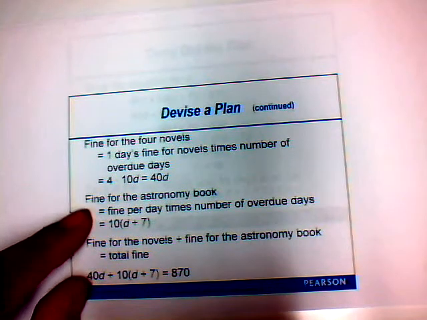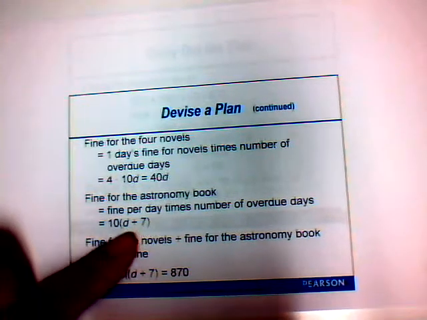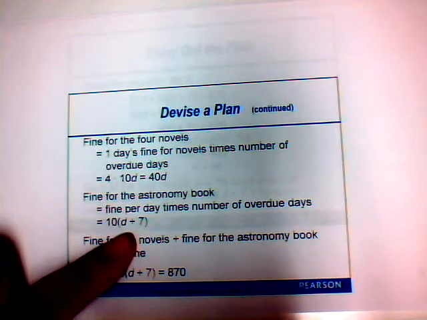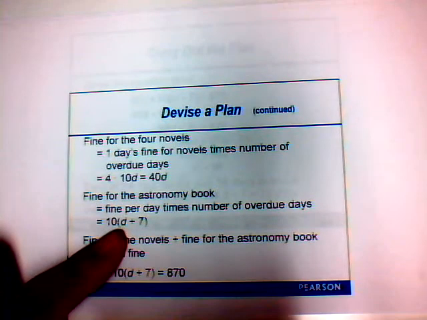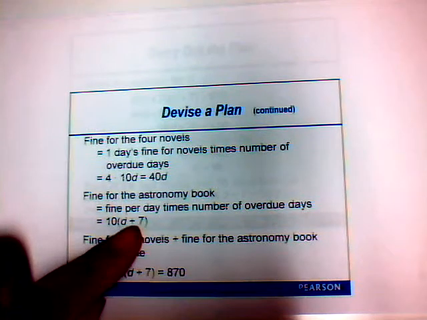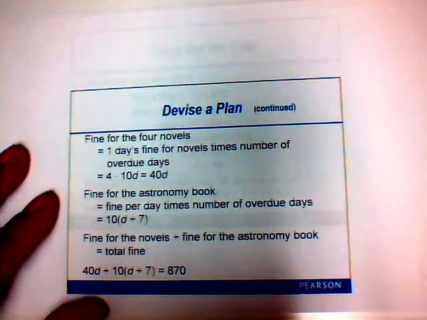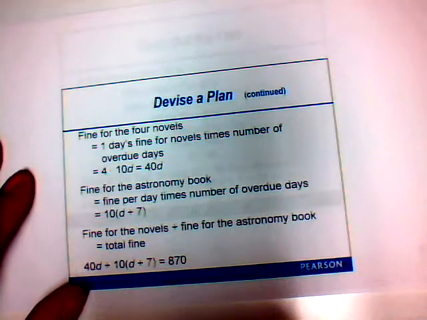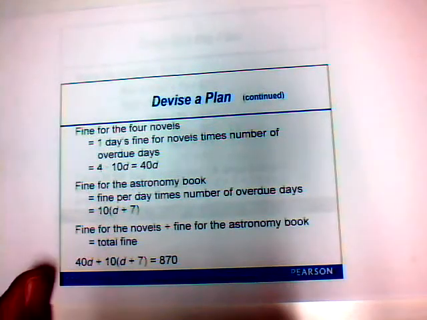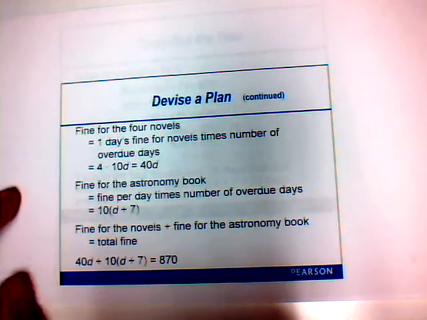For the astronomy book, it'd be 10 cents times D plus 7, because the D represents the number of days the novels were overdue plus 7 additional days, because the astronomy book was overdue 7 days more, or a week longer, than the 4 novels were.